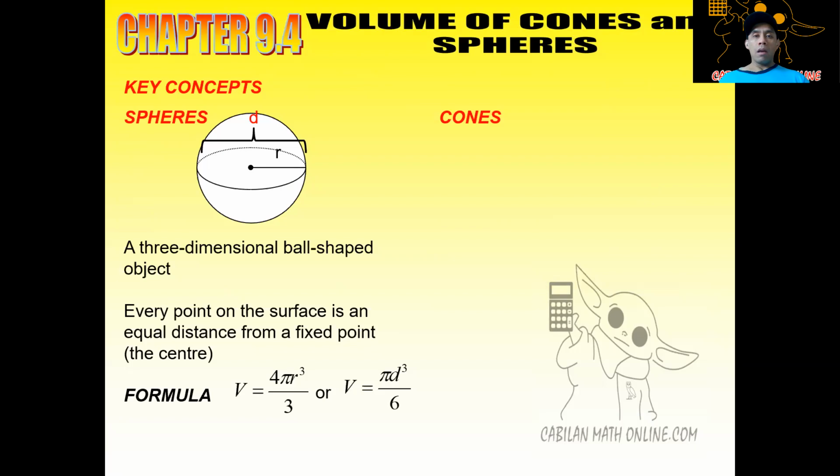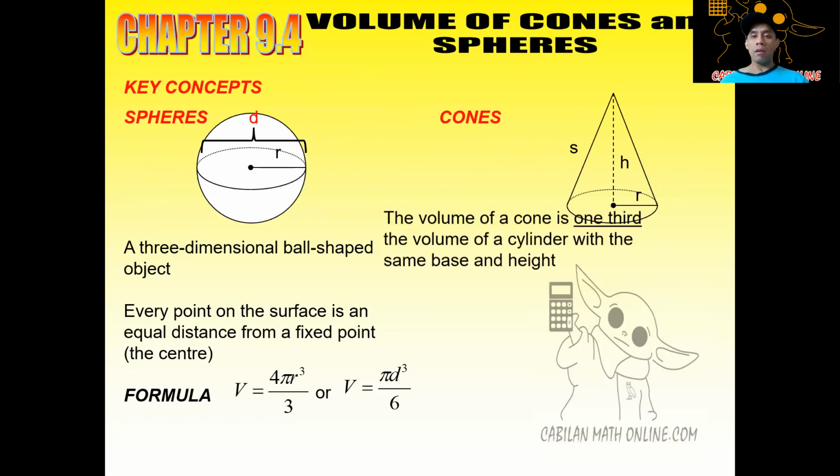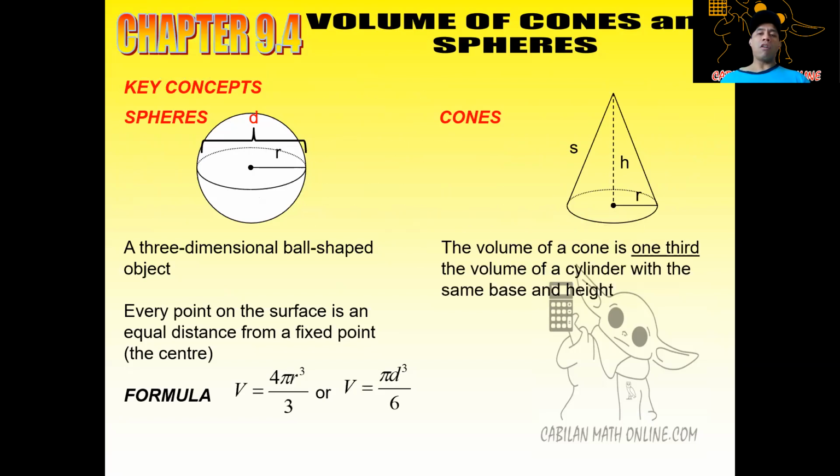All right. Now, when it comes to a cone, what you have there again are three measurements. You have the slant height, you have the vertical height, which is the dotted line that you see there, and the radius. Now, what you need to know about the volume of a cone is that it's basically the same thing as the volume of the cylinder. The only difference is that you take the volume of the cylinder and you divide it by 3.